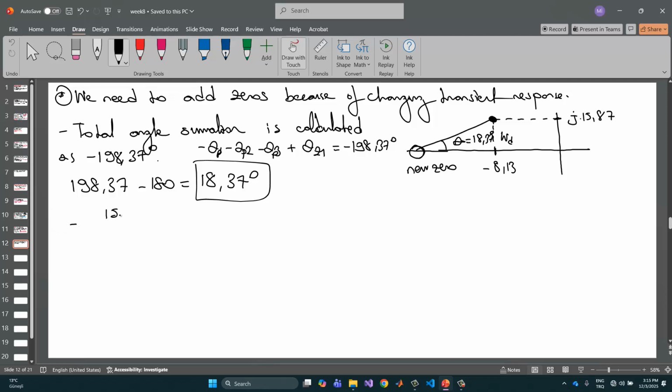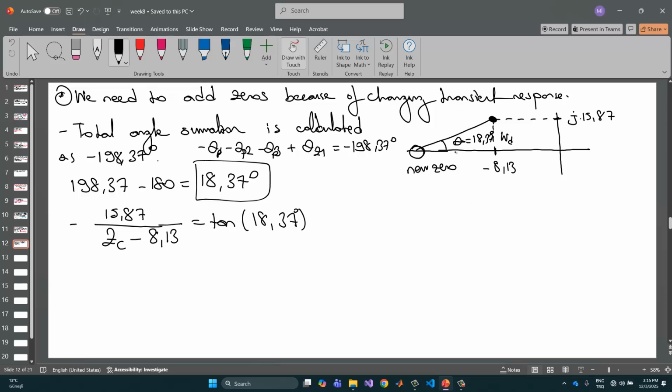Just like this one. 15.87. And so Z, this is the zero, and also we have 8.13, which is equal to what? Tangent of this one. 18.37 degrees. Right?